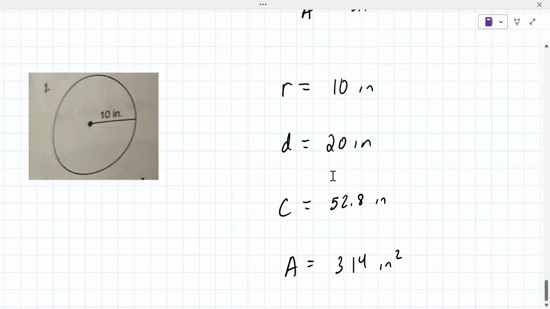Okay. The circumference is not correct. So look at that one more time, please. 62.8.